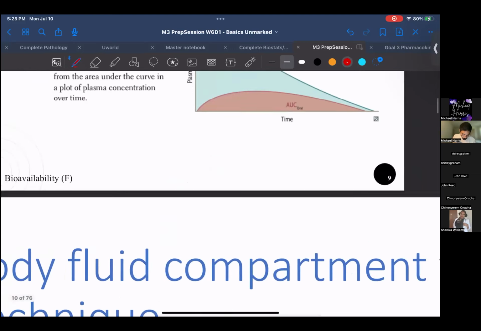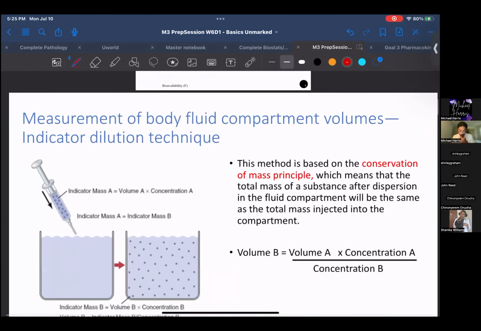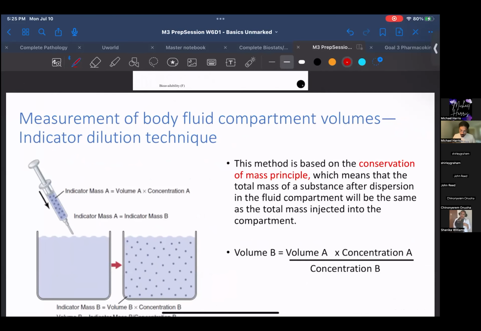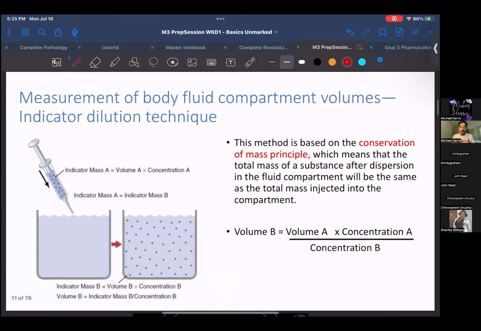No? Okay. Here's the next thing I want to talk to you about. That's very important. It's this aspect of volume. If you remember back in year 1, your body is made up of 60% water. Now, we've already talked about bioavailability, so we've already absorbed some mass, some amount, into our body via our GI system or via an injection.